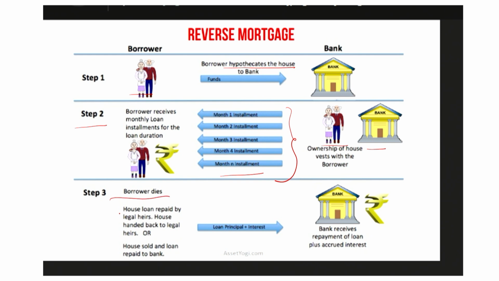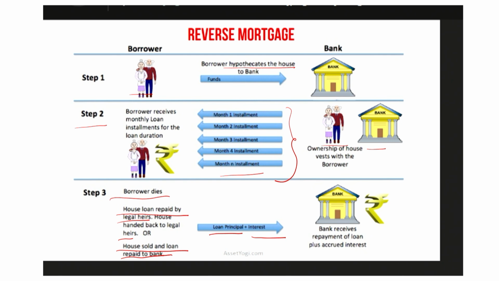In such a case, the loan taken by the borrower is repaid by the legal heirs of the borrower, or the house is handed back to the legal heirs by the bank on the repayment of the total loan principal and interest as has been paid by the bank to the borrower. It can be done by the legal heirs of the borrower, or the house can also be sold, and with the help of the sales revenue the loan can be repaid to the bank.